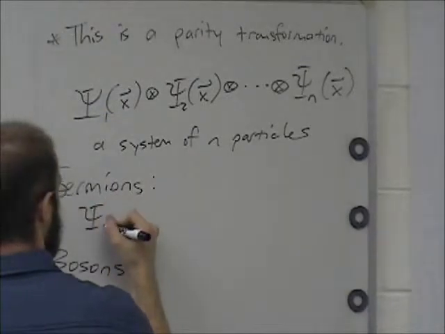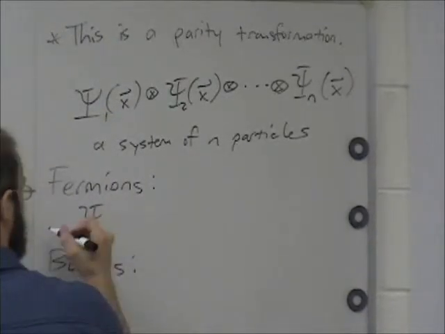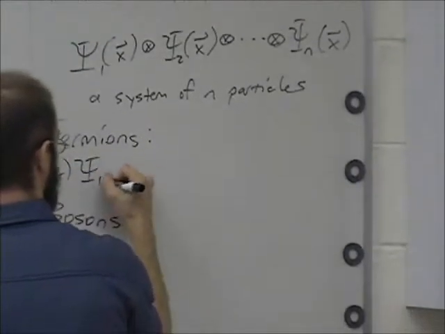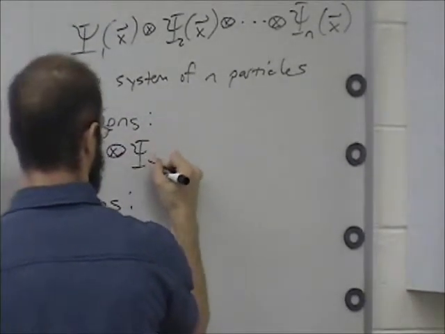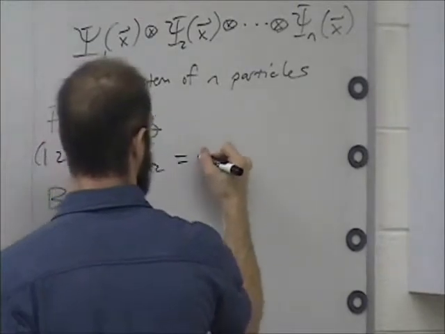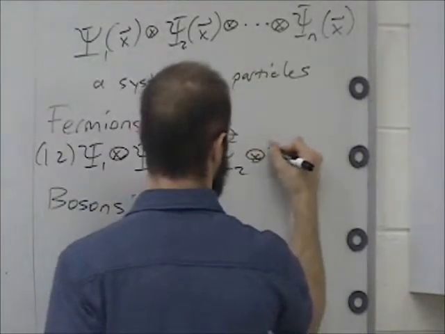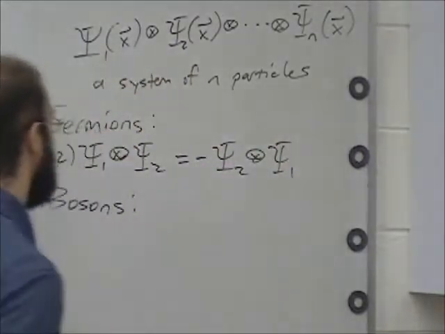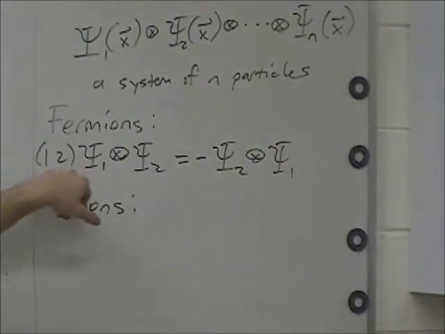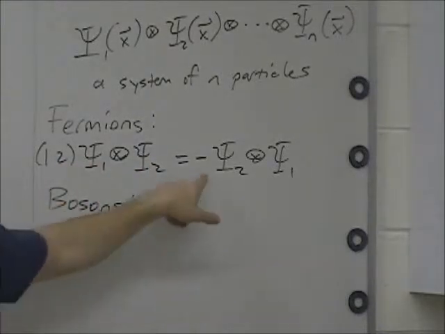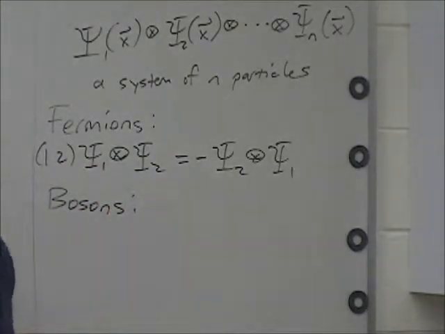So let's do the transposition 1, 2 of psi 1 tensor psi 2. That's going to be minus psi 2 psi 1. If I switch the order of the particles, I get a negative sign. And that's really important. That changes everything for fermions. That's why the atoms don't collapse.